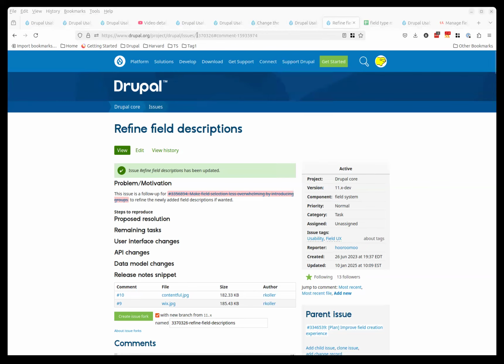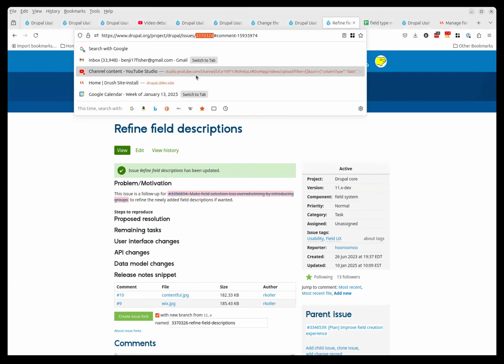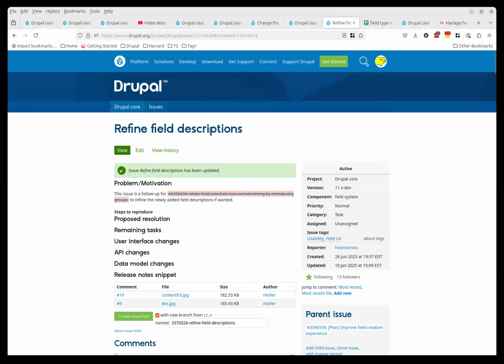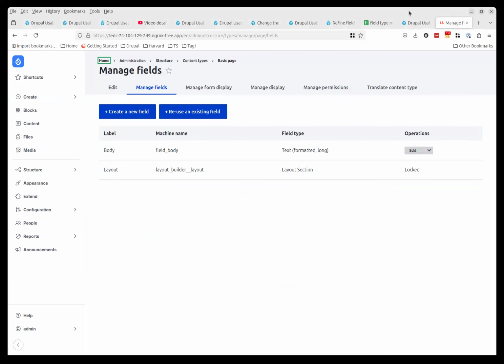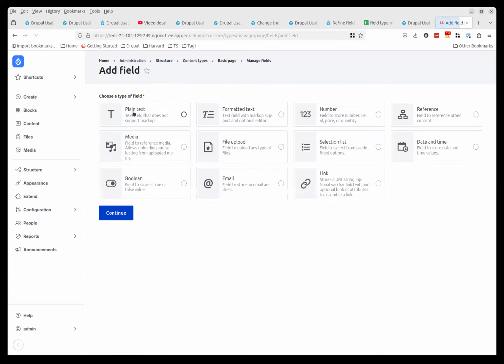The issue number is 3370326, to refine the field descriptions. For the sake of the recording, and for Aaron, who was not here last week, if you go to admin, structure, content types, and choose a content type such as basic page, manage the fields, and create a new field, there are 11 fields or field groups listed.